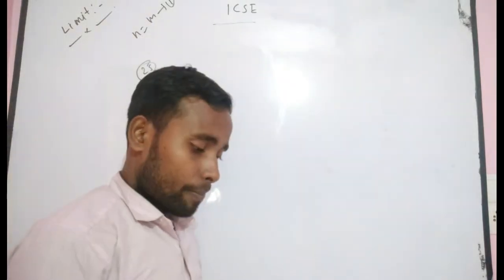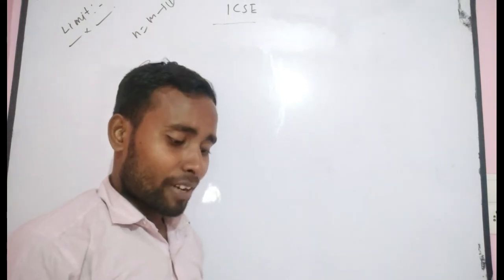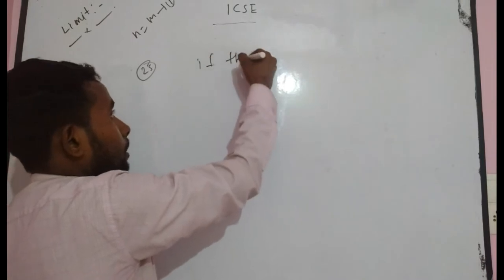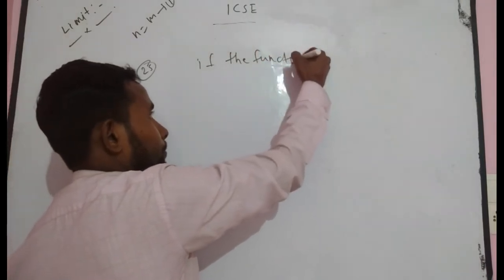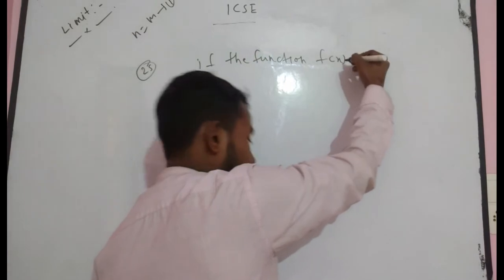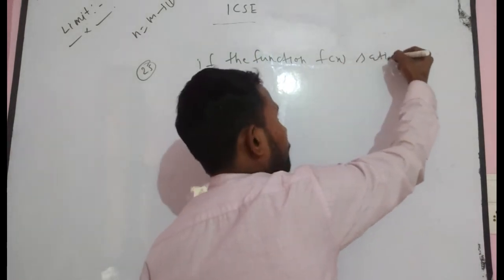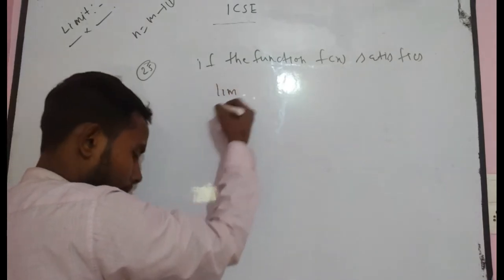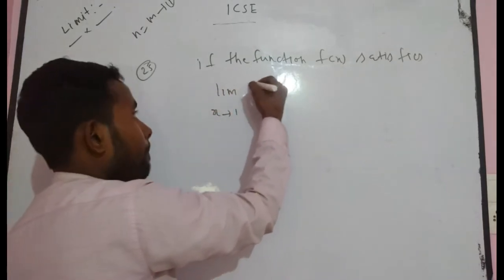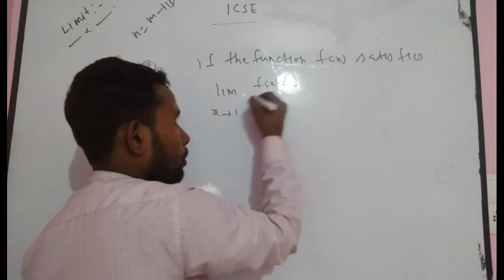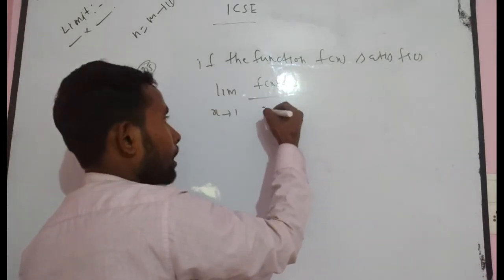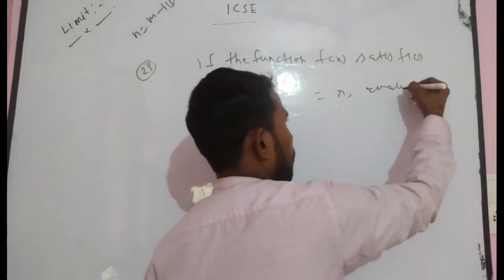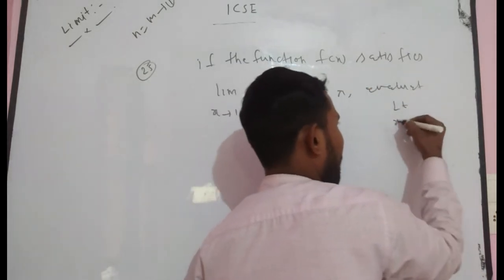In question 25, it asks: if the function f(x) satisfies limit x tends to 1 of (f(x) minus 2) divided by (x square minus 1) is equal to pi, then evaluate limit x tends to 1 of f(x).